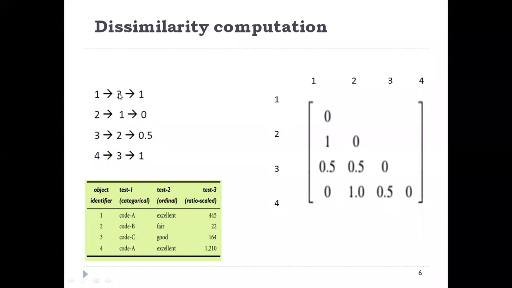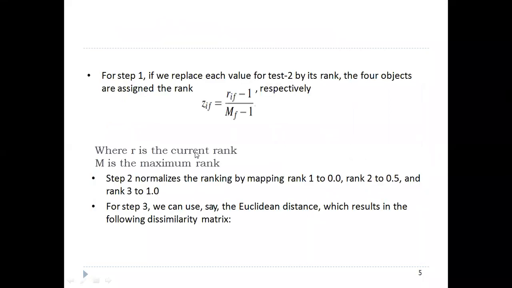As I told you, we had assigned values 3, 1, 2, 3. And then we calculate the Euclidean distance.